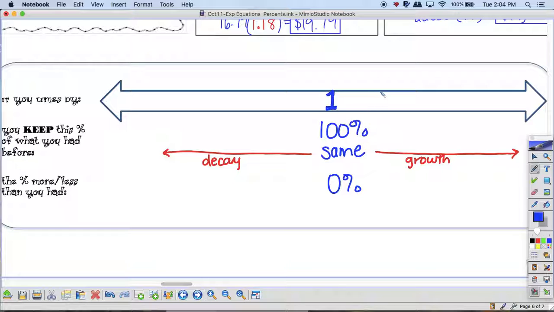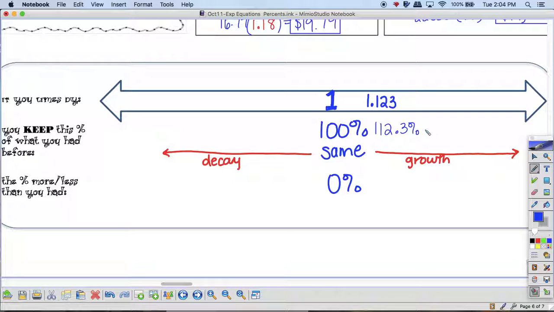Okay, so let's think about if I were to multiply by, let's say, 1.123. So that's about 1.12. If I multiply by 1.123, it's going to get bigger because it's bigger than 1. I'm going to keep 112.3% of the value.